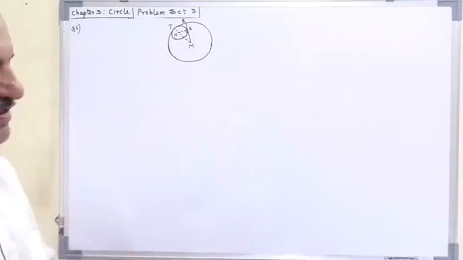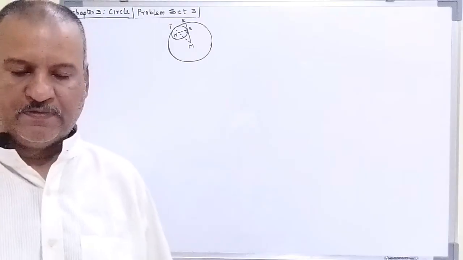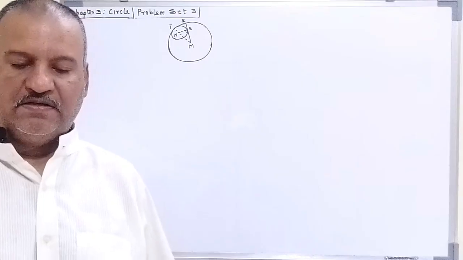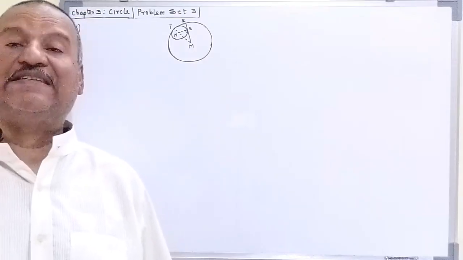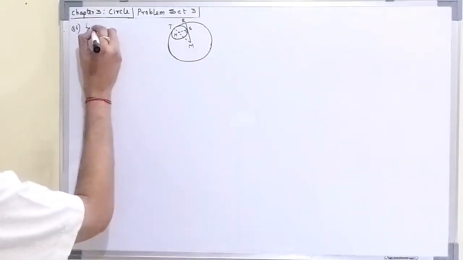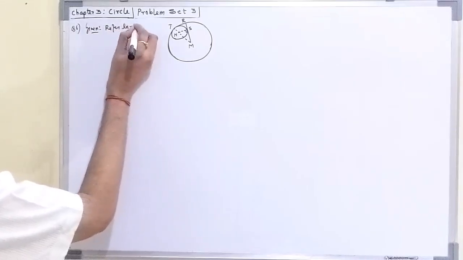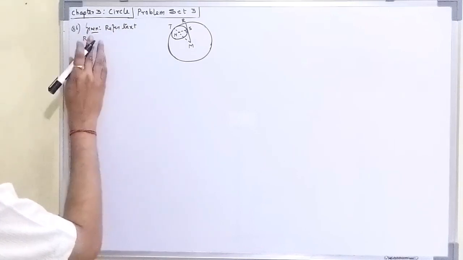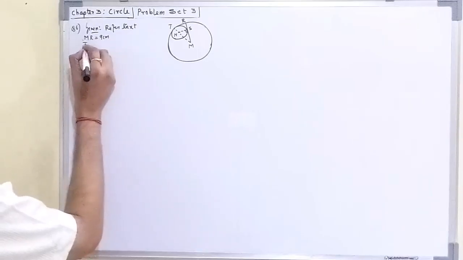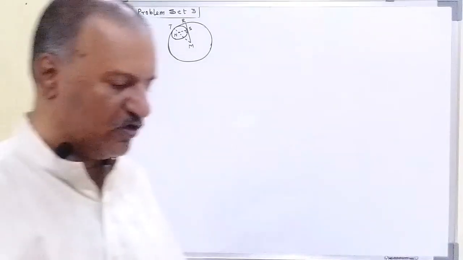The other circle's center is N, and both the circles touch each other internally at point T. Radius of the larger circle is 9 सेंटीमीटर. मतलब ये पूरा जो है ना, remember MR or RM is 9 centimeters and TN is 2.5 centimeters. Radius of the smaller circle.